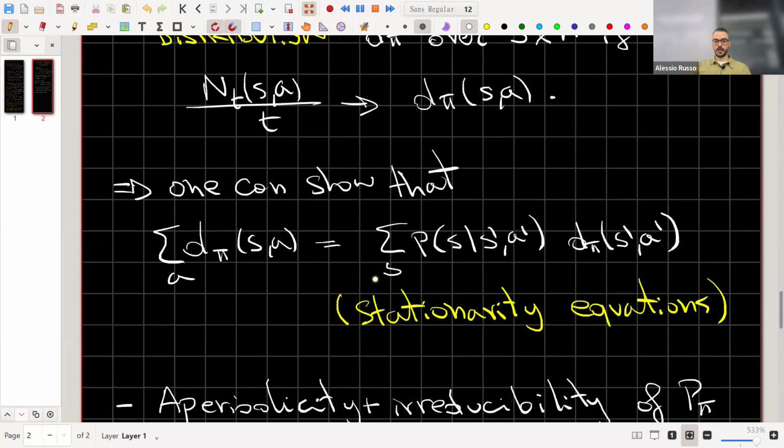And we can also show that at stationarity, this condition needs to hold. These are the stationarity equations. So whenever you have a stationary distribution, the stationary distribution is an eigenvector for the transition function associated to the eigenvalue 1.